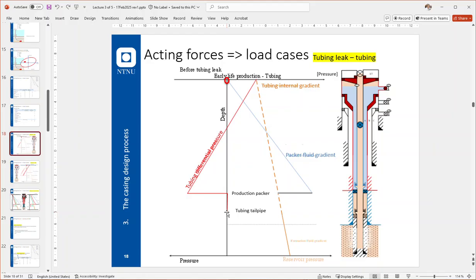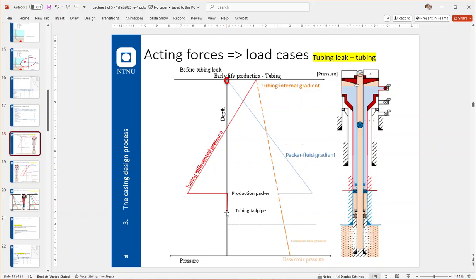Going from what we call the initial condition until we heat up through production, the pocket will increase in temperature, and what we will have is an annular pressure buildup. As a rule of thumb, what we use in the field is that for every degree that we heat up, there will be a 1 bar increase.